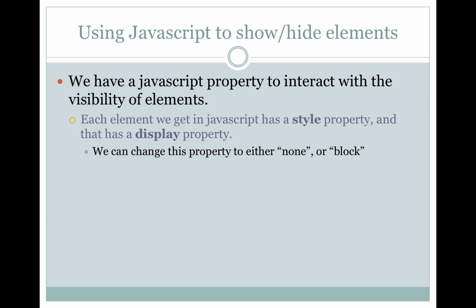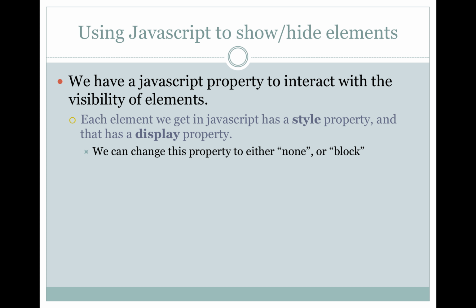So one of the other key things that you probably want to do when you're building interactive pages is the ability to turn pieces of the page on and off. And JavaScript allows you to do that. Each element, as we should be familiar with, has a display CSS property.